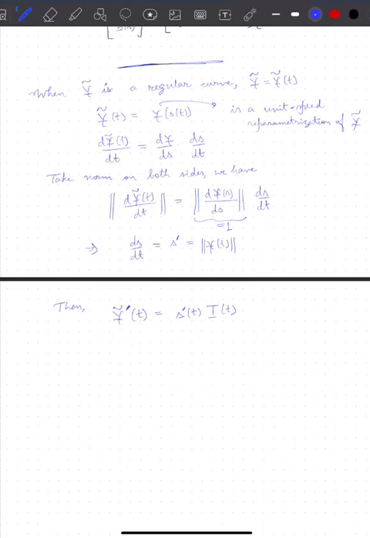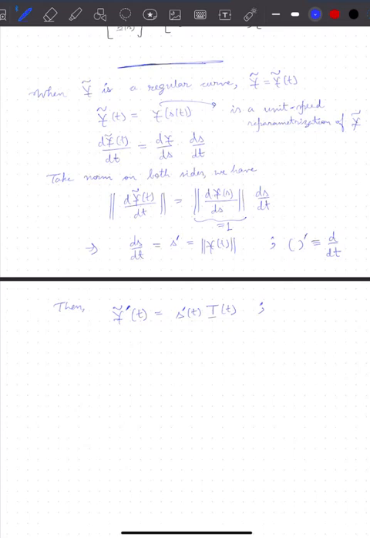This is just to avoid any confusion, right? So anything primed indicates differentiation with respect to t.